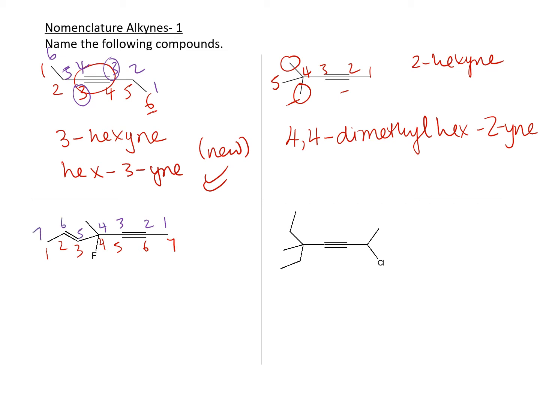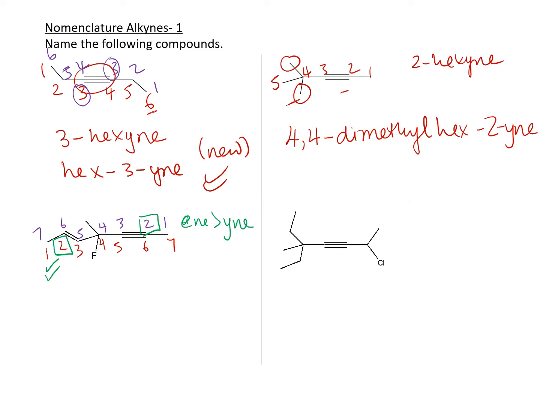Now the point of interest over here is of course the alkene and the alkyne. Which one has a lower number? Alkene is 2, alkyne is also 2. So if both of them are 2, then which one do you take? Well, you take the alkene. Ene comes before ine alphabetically, so it has more priority.